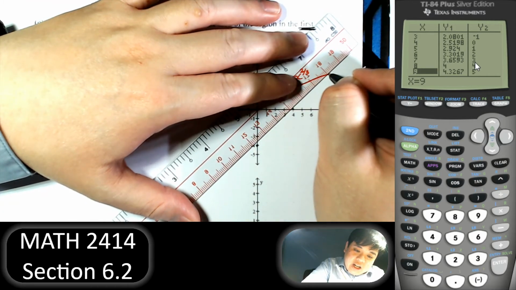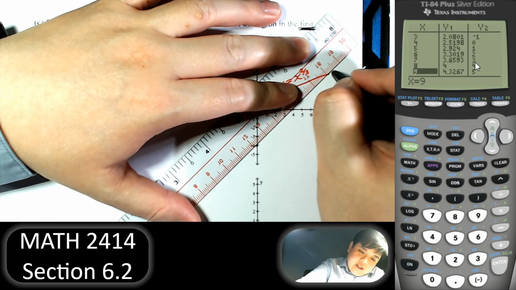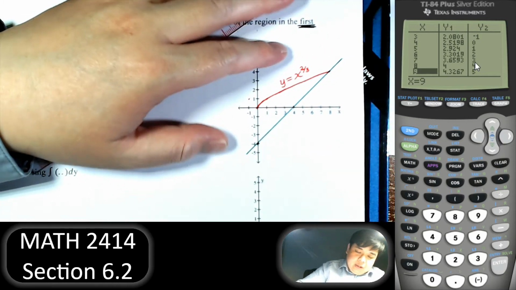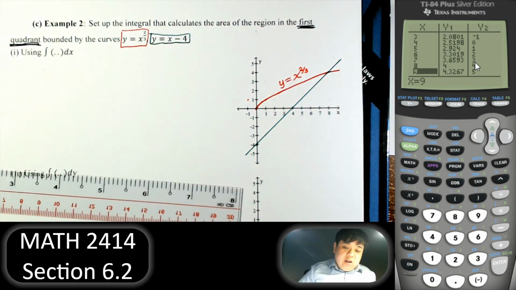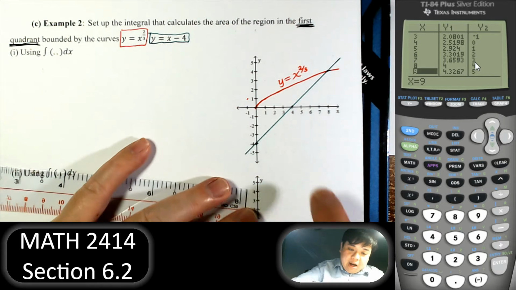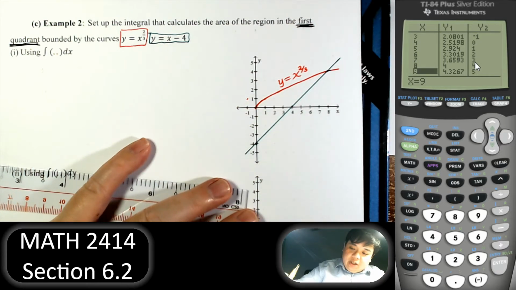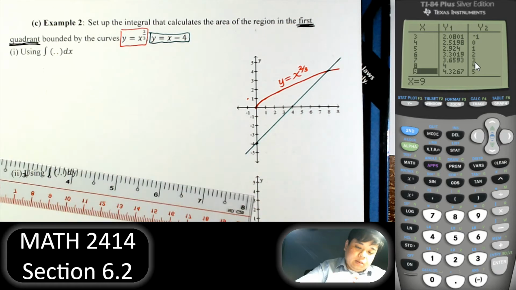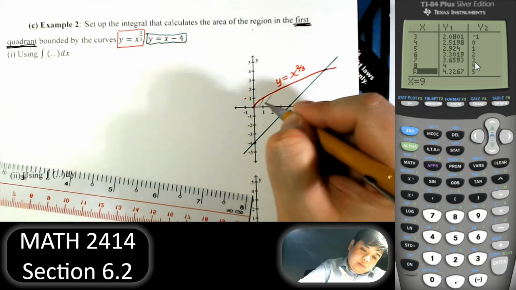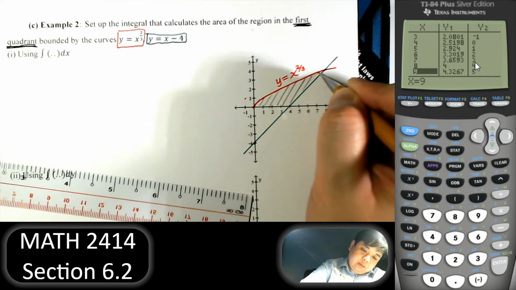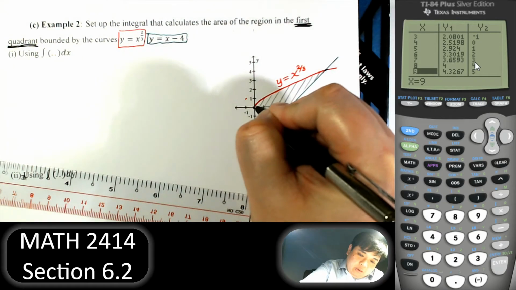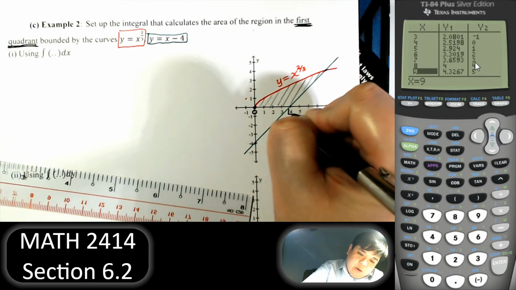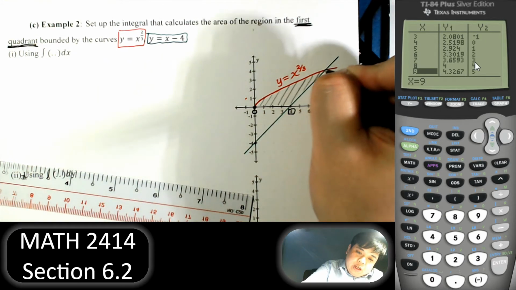And we know that the intersection is 8 and 4. So note that this one is in the first quadrant, so we only talk about this region here. Now, let's see the points here, because obviously 0, and this is 4, and this is 8. So those are the points.